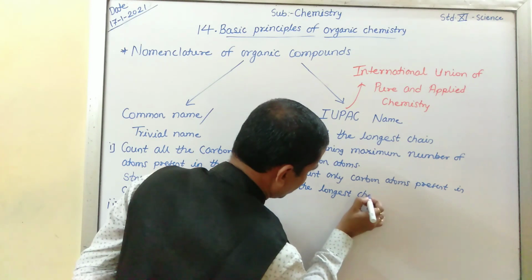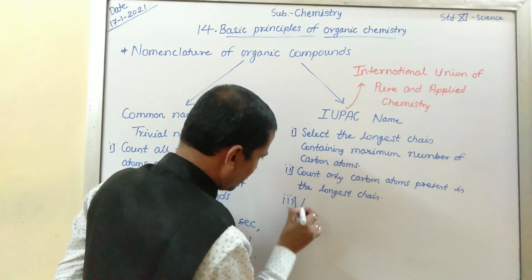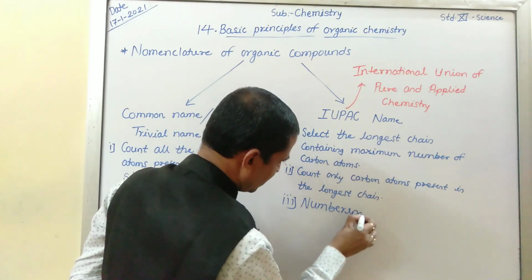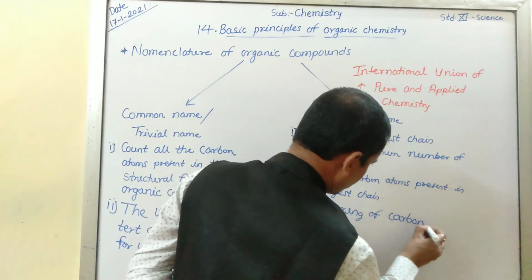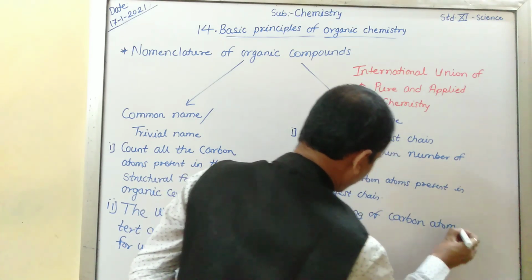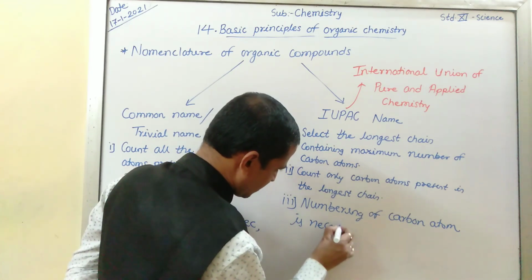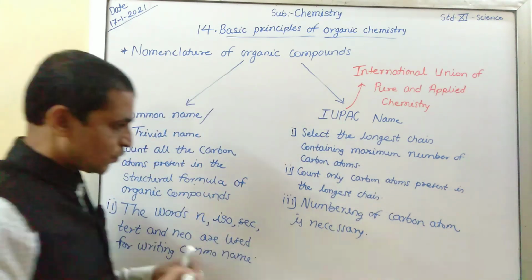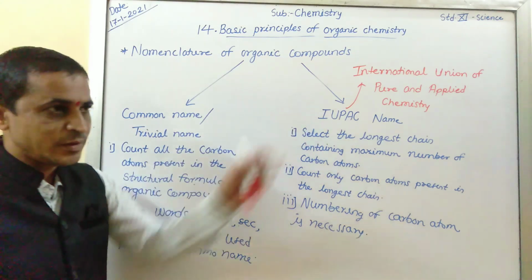And third point is numbering of carbon atoms is necessary. So this is the difference between common name and IUPAC name system.